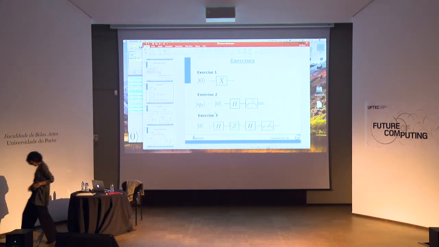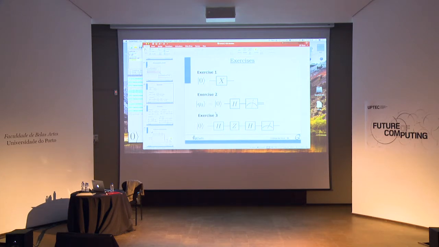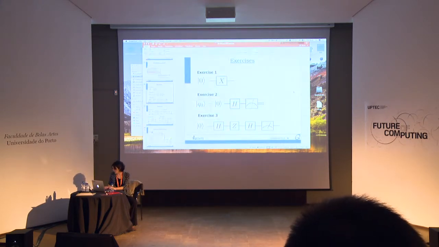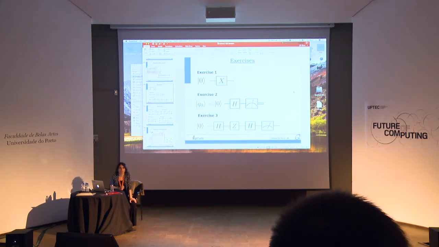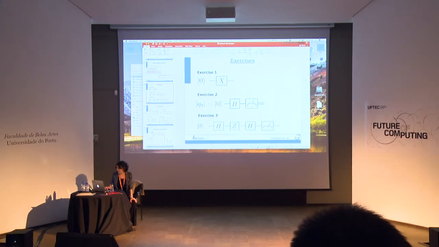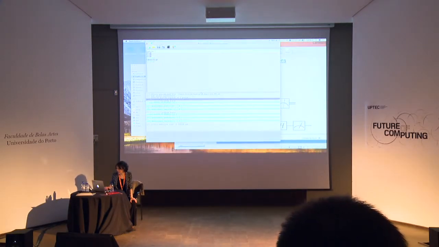I'm going just to walk around to see if you have any question. So we have seen in the previous lecture that if I apply a set Hadamard, it's equivalent to applying what gate? Do you remember? An X gate? Yeah? Okay, so you write that down in your simulator.